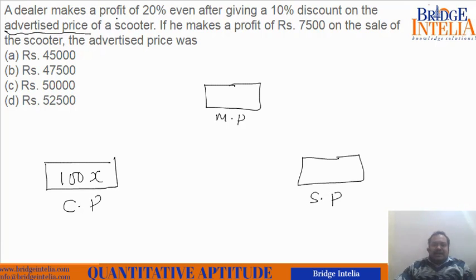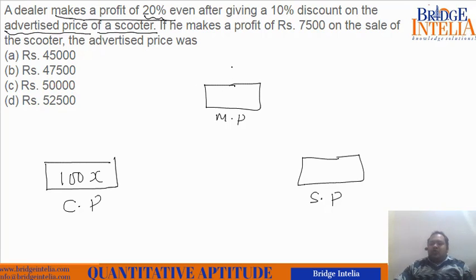A dealer makes a profit of 20% even after giving a 10% discount on the advertised price of the scooter. So if cost price is rupees 100x, what shall be the selling price? Because it is already known that he made a profit of 20%.